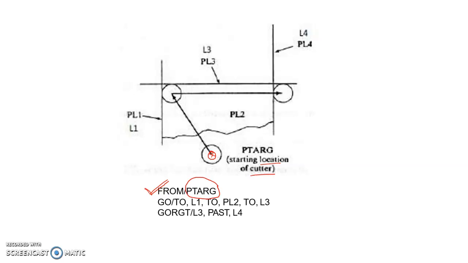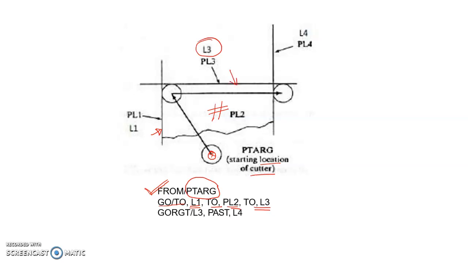Then next step, it has to go to L1, to PL2, to L3. That means L1 is this line that may be defined earlier. Then PL2 is this surface, that is the work surface. Then L3 is this line.